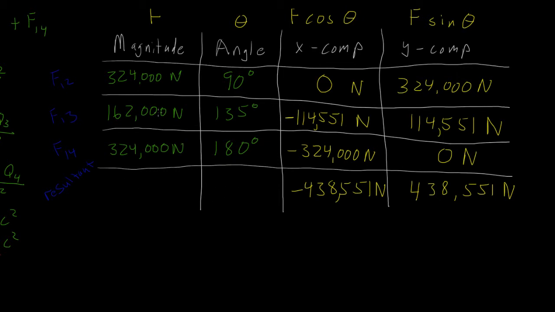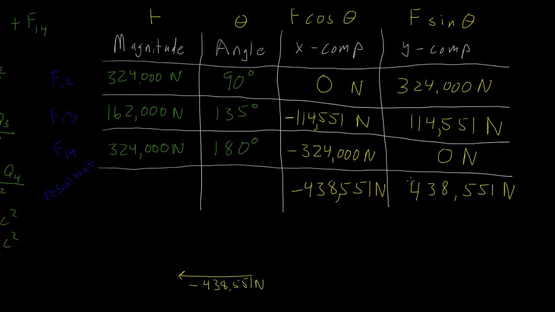So to find the resultant force, we need to use Pythagorean theorem. So basically what we're doing here is the x component is negative, so that's to the left, 438,551 newtons.